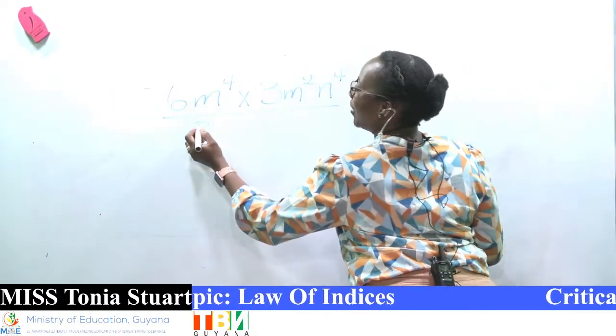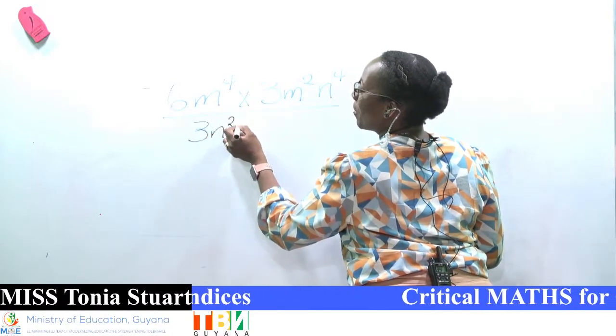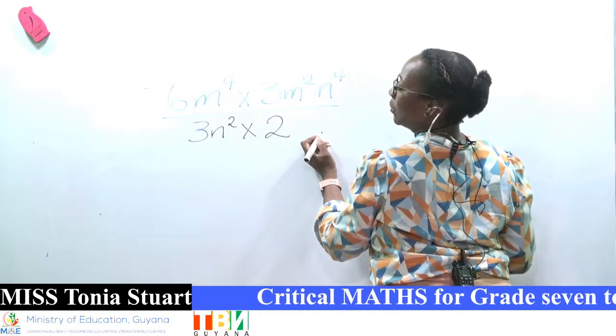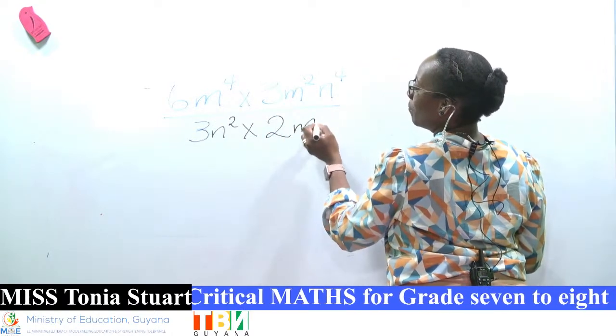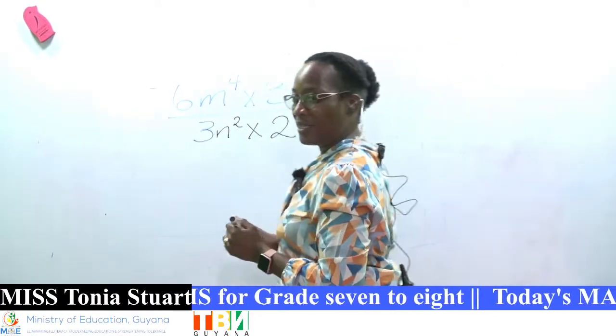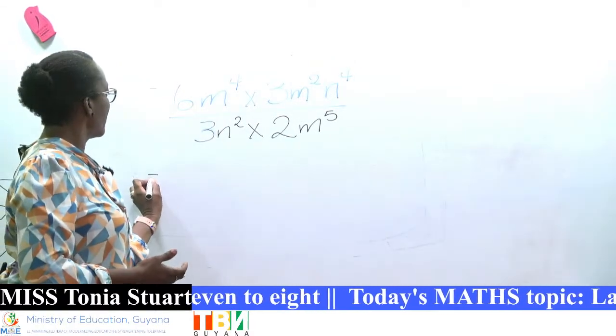Let's change it up. 3 to the n to the square power multiplied by 2 to the m to the 5th power. Now remember, the line means division too. So let's do it together.